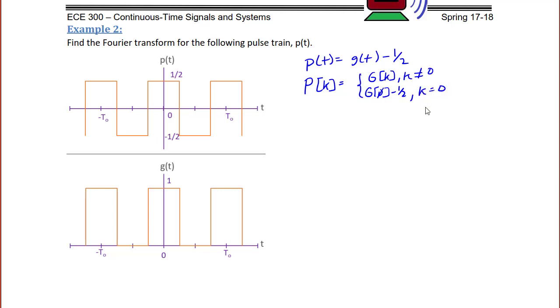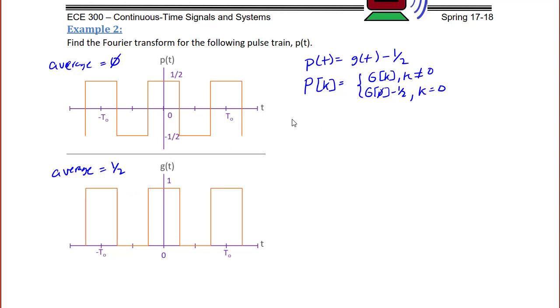The question is why? The reason is because the average value for P of t is 0, and the average value for g of t is 1/2. And so we can find that the average value, thinking about when we did this for Fourier transform, g of 0 is the average value for each of these. So for this one it would be 0, and for this one it would be 1/2.